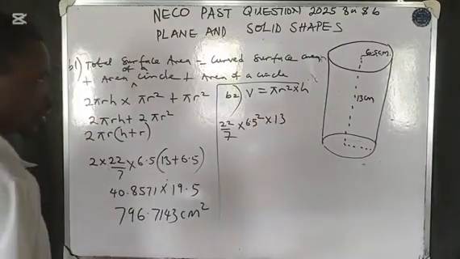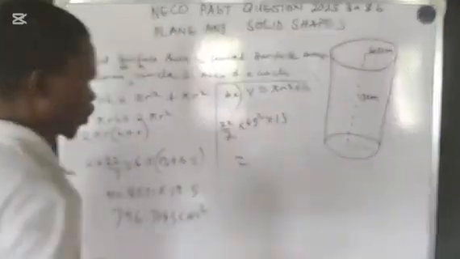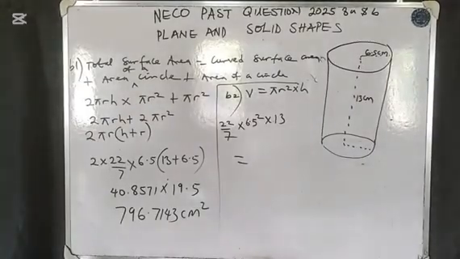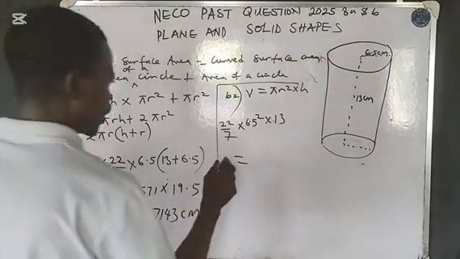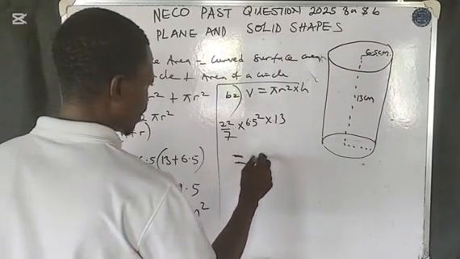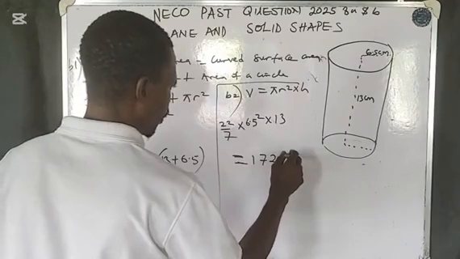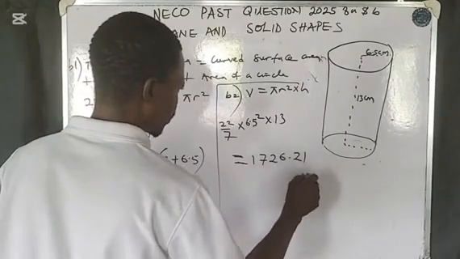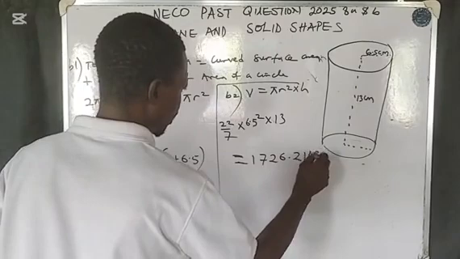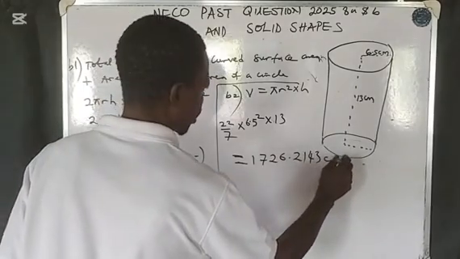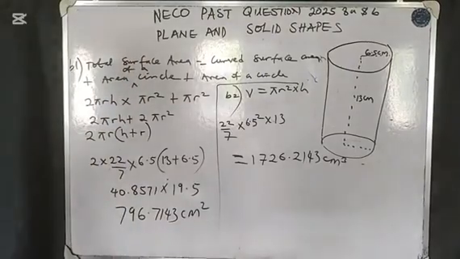Give us the value. 1726.2143 centimeter cube. This is the volume of the liquid in centimeter cube.